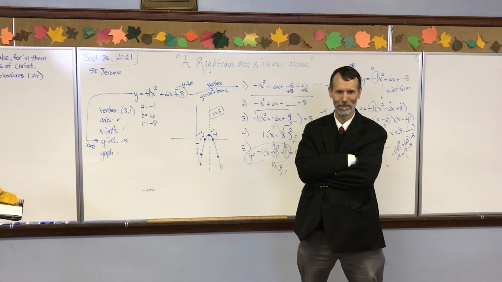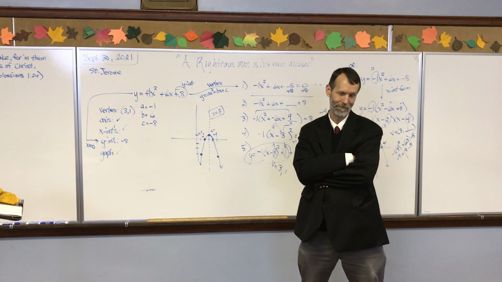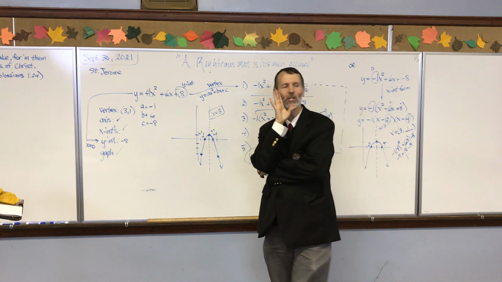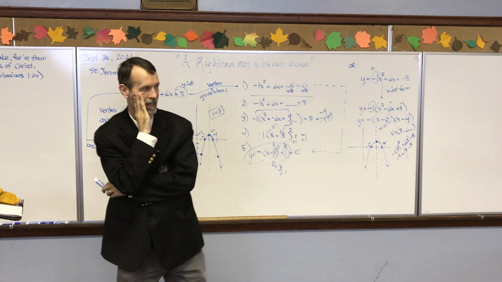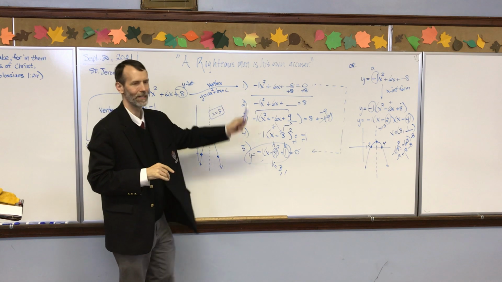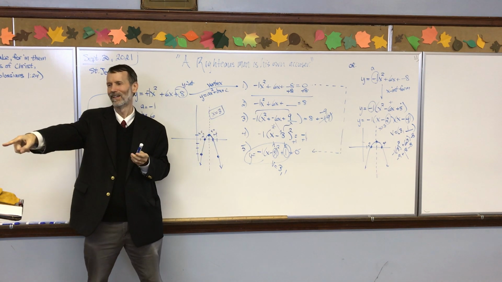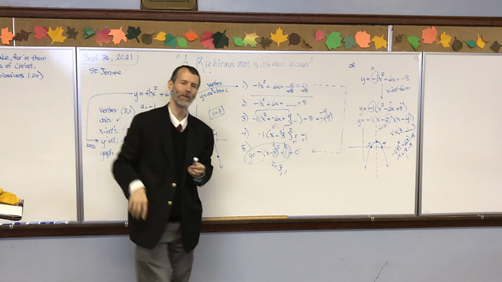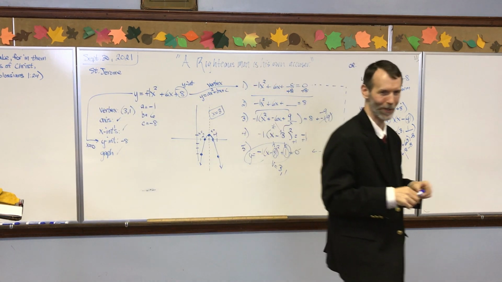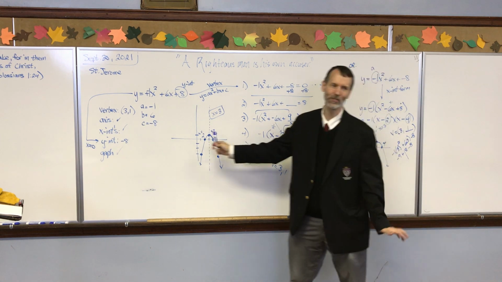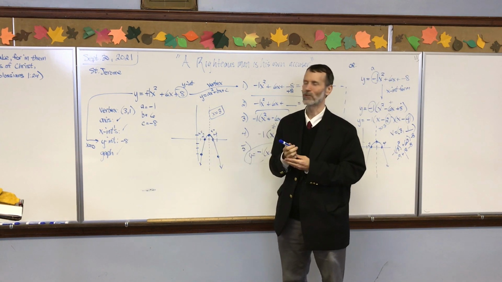There's one more method. Solving means getting x by itself. And if you have ax squared plus bx plus c, what formula can you use? The quadratic formula: x equals negative b plus or minus the square root of b squared minus 4ac, all divided by 2a. Its purpose is to find the x-intercepts, or at least the solutions.